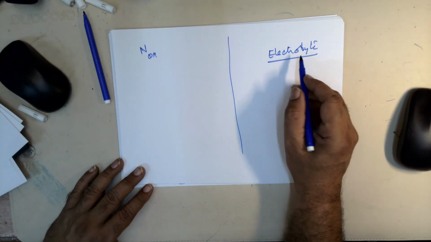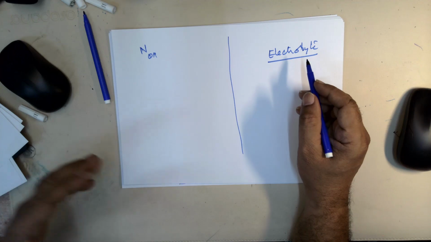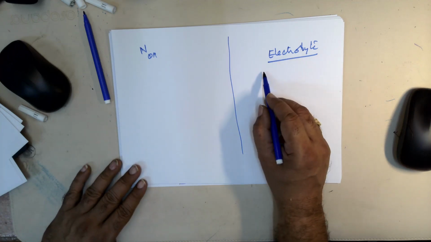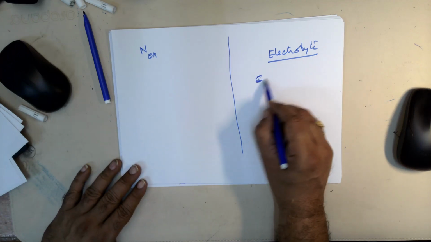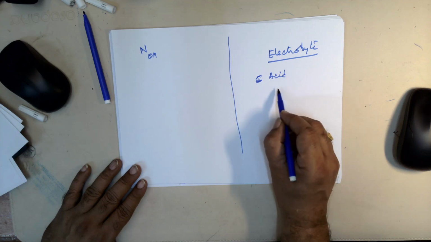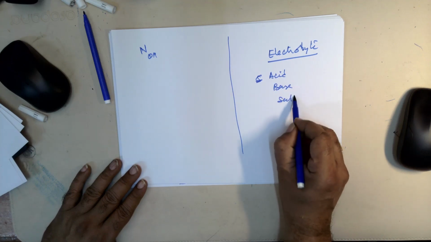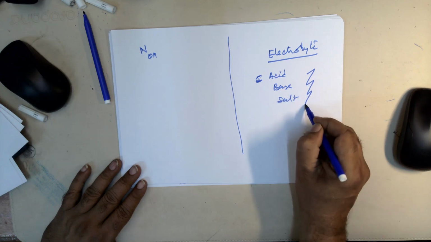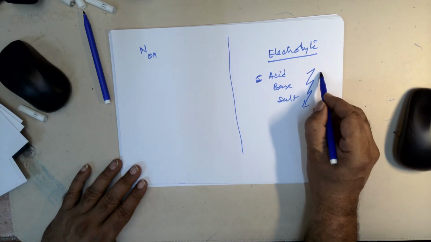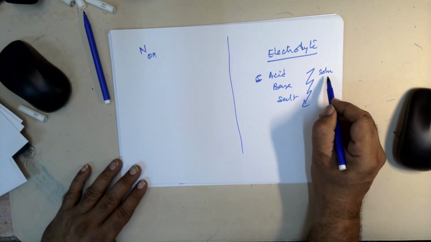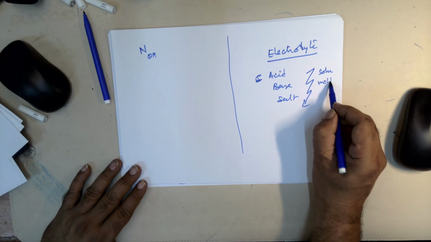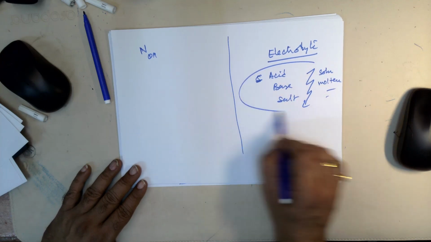In an ionic conductor, ions in solution are responsible. An electrolyte can be an acid, base, or salt that can conduct electricity in solution form or in molten form. That is the correct definition of electrolyte.